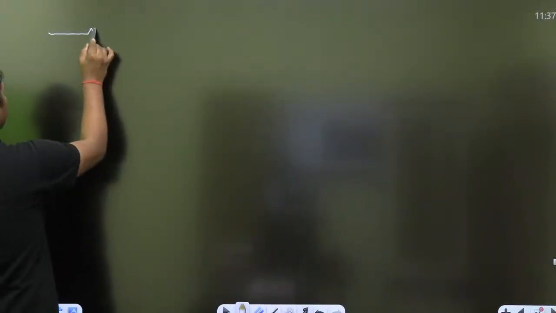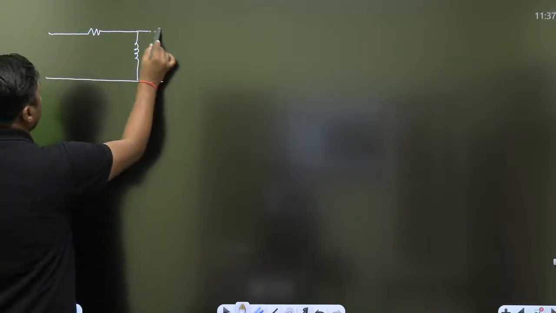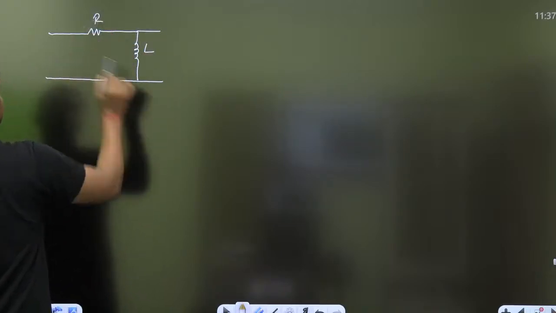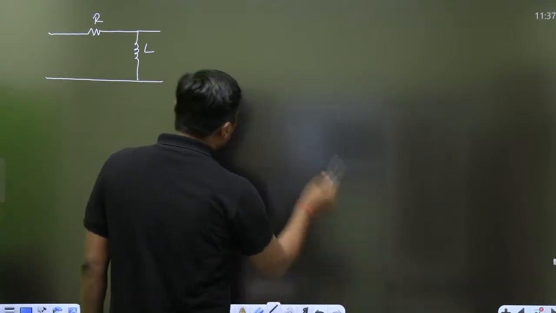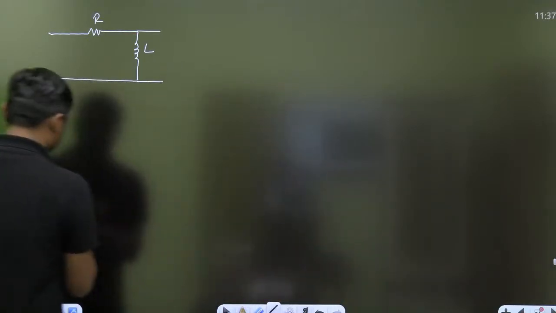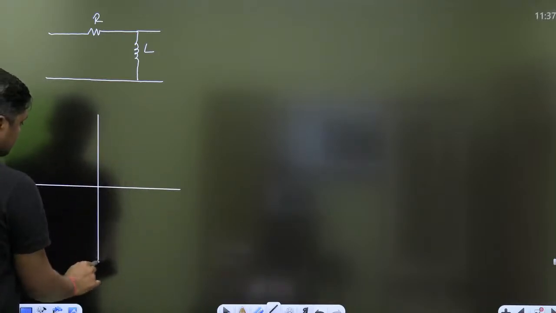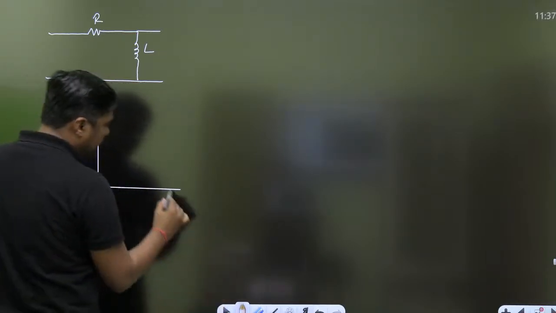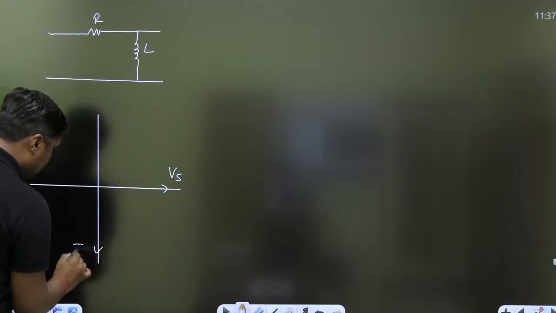If this is a simple RL circuit, there will be the three figures. If the applied voltage is Vs, first of all, let this be the applied voltage Vs, then that will be the current IL.